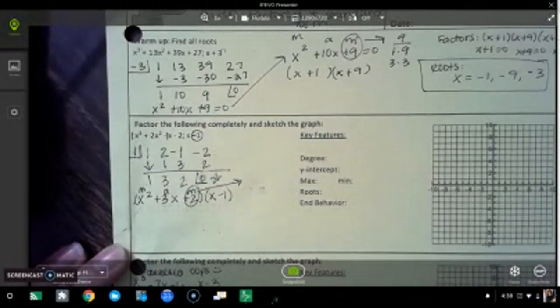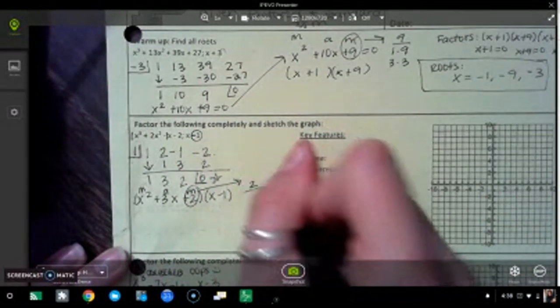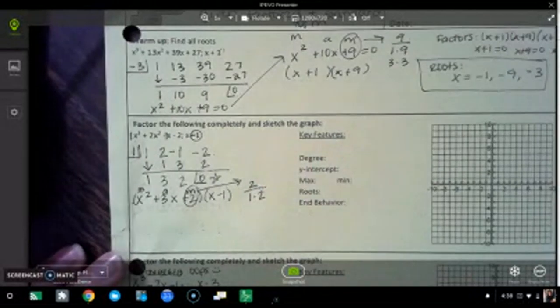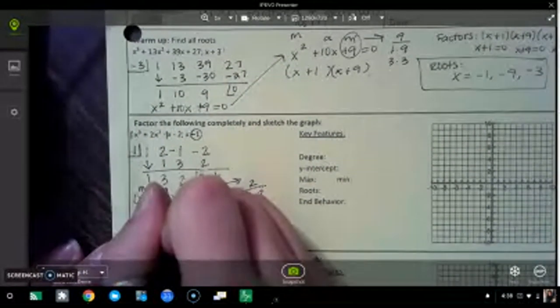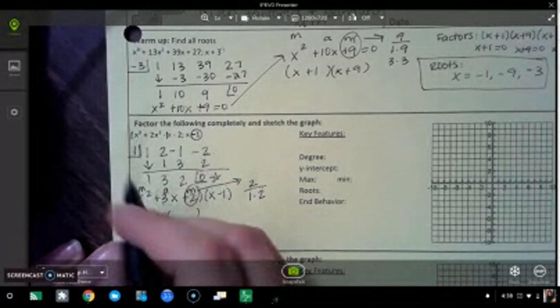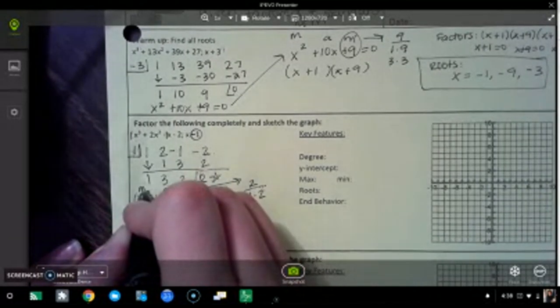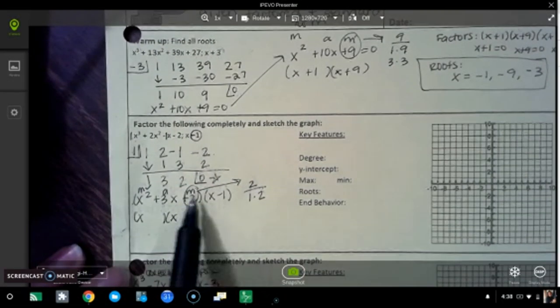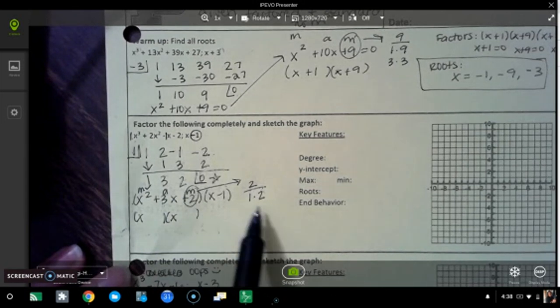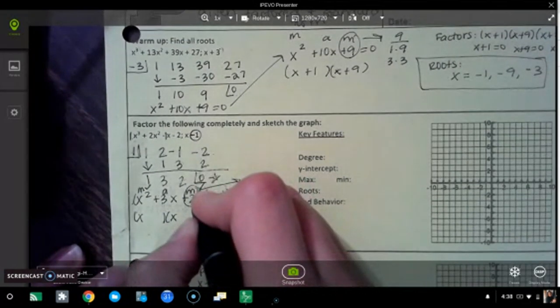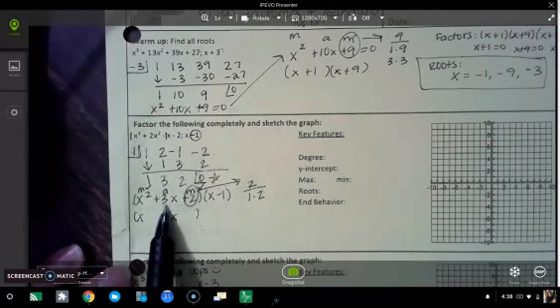So remember, when you're MAMming, you take your last one, pull it to the side. My factors of 2 are 1 and 2. So for my first M, I know x times x is going to give me x squared. For my second M, I know 1 times 2 is going to give me 2. But how do I take 1 and 2 and get 3?